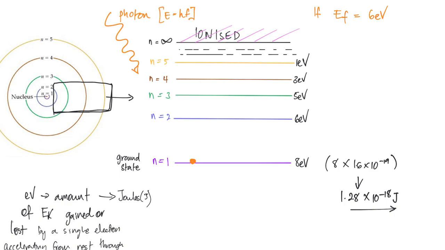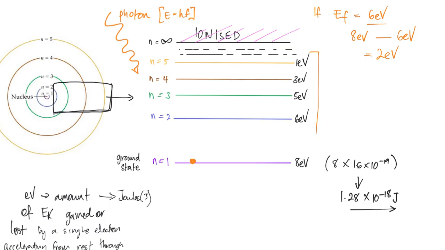Now I'm at the ground state at 8 electron volts, and I need to move up from my ground state, and they've given me 6 electron volts. So that's going to take me 8 minus 6, which is 2 electron volts.